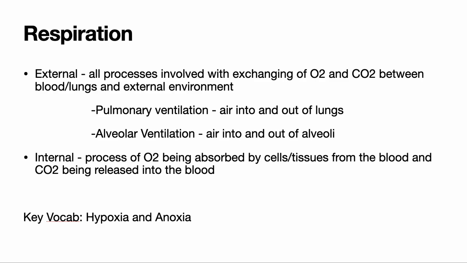So when we think about external respiration, we should be thinking about breathing, moving air into our lungs in order to get that oxygen, and then moving air out of our lungs to get rid of CO2.